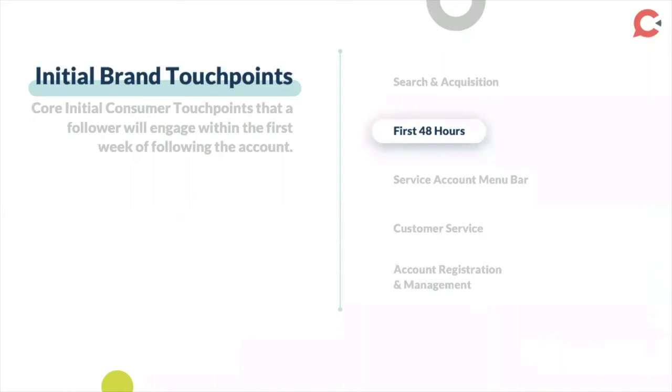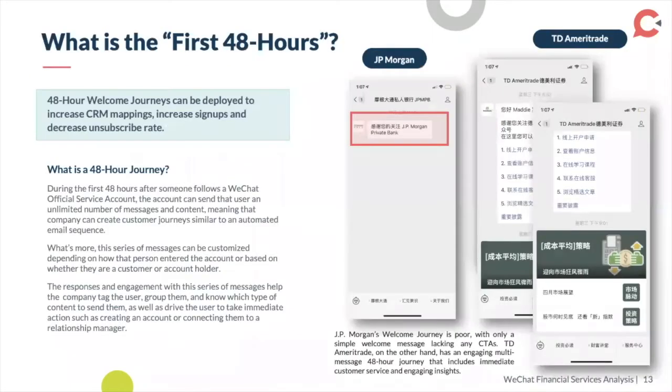Moving to the next initial brand touchpoint, which is the first 48 hours. So what is the first 48 hours? This is when someone follows your official service account, and you can send them an unlimited number of messages and content within the 48-hour window.